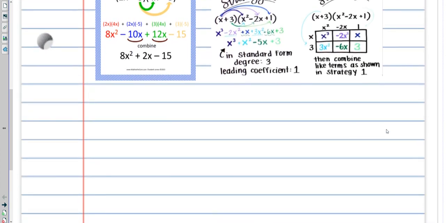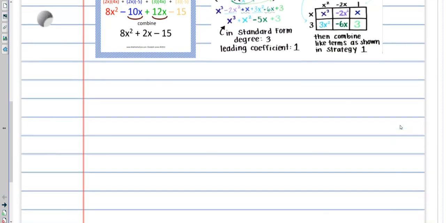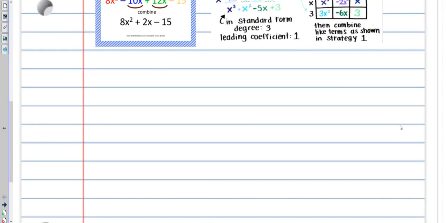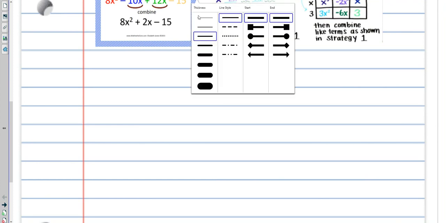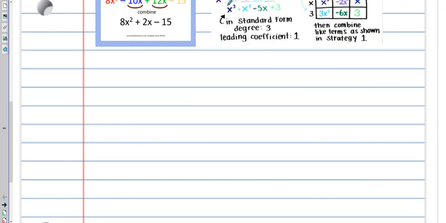So I'm going to be showing you those different methods. The first thing is using the distributive property. That's just when you have a monomial and a binomial, you could do that. You could actually do it with all types of polynomials. And so I'm going to show you different methods.